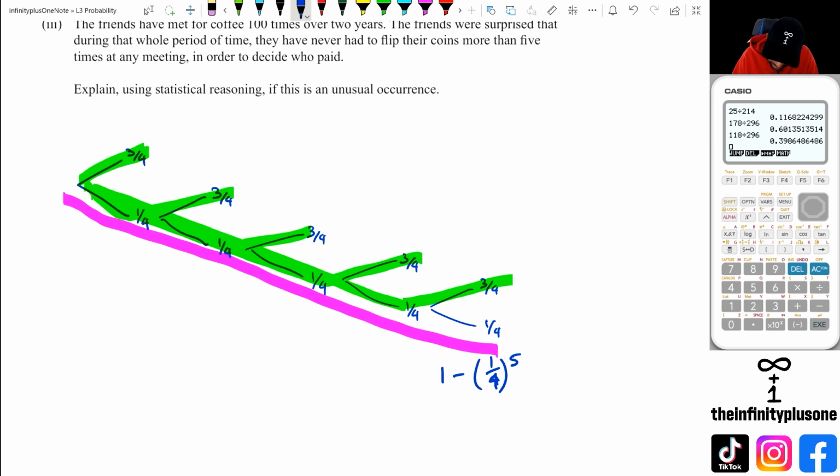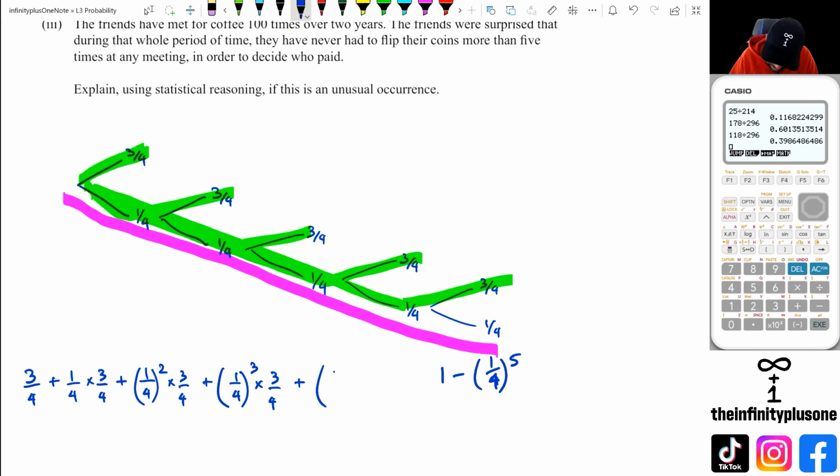The other way of doing it is actually adding up each of the branches. So 3/4 plus the second branch, which is a quarter times 3/4, plus the third branch, which is going to be a quarter squared times 3 over 4, plus the fourth branch, which is a quarter to the power of 3 times 3 over 4, plus a quarter to the power of 4 times 3 over 4.